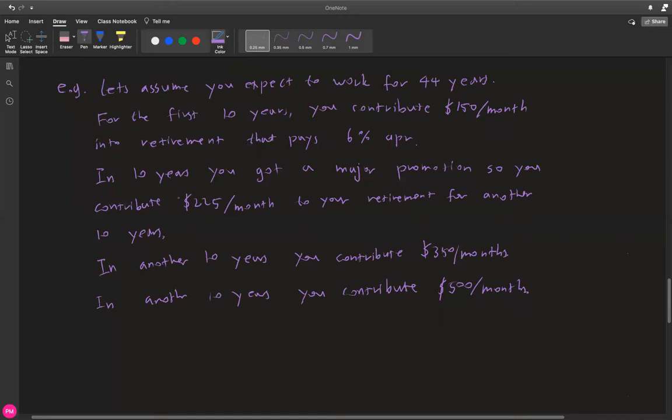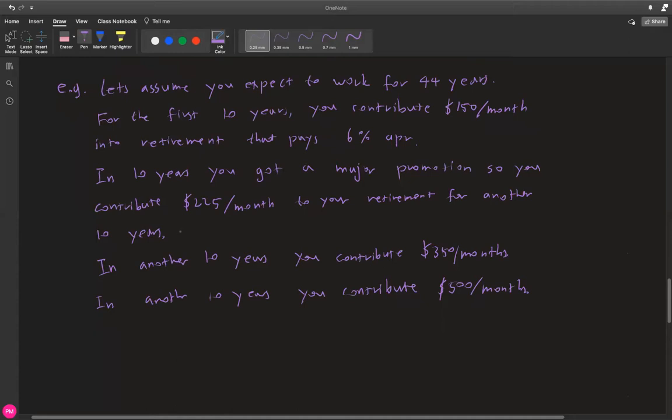But after 10 years, obviously your salary would increase. You get a major promotion. So now you can actually spare more. So instead of $150 a month, you decide to contribute $225 a month. And I think that's a reasonable bump.